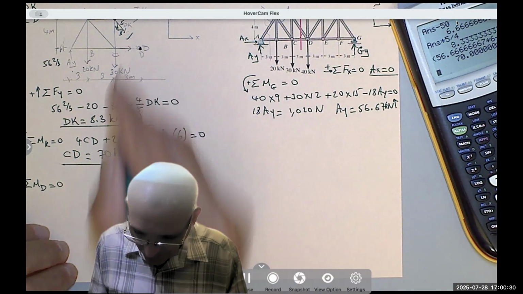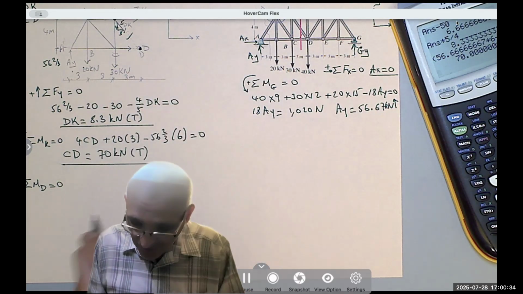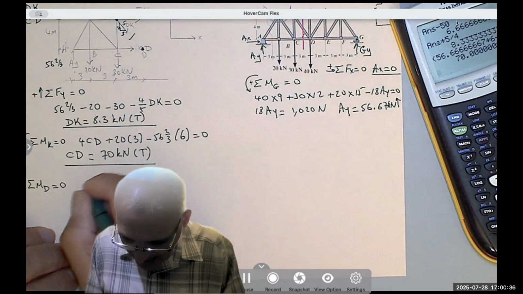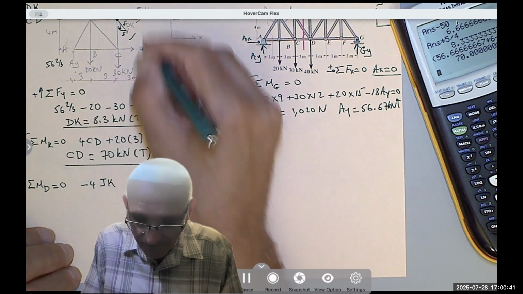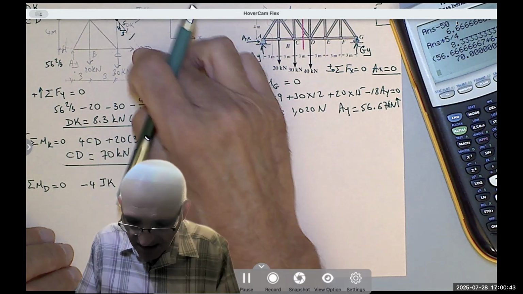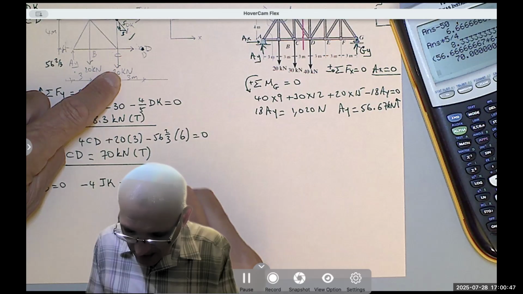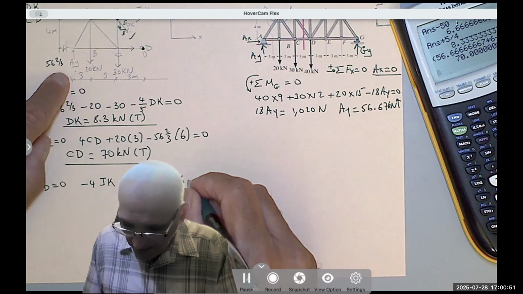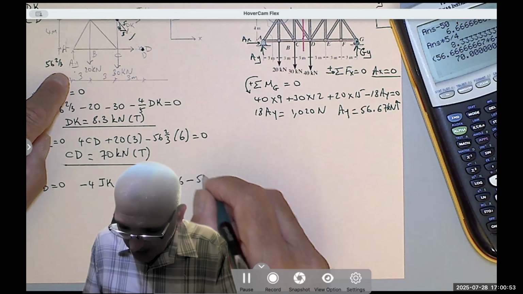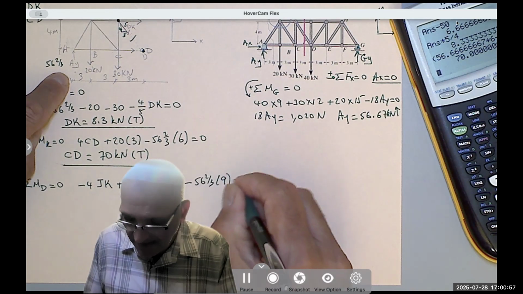I'm sorry, we are taking the moment about D. JK times 4, so it's clockwise, so negative 4 JK. These two intersect here. Plus 30 times 3. Plus 20 times 6. Minus AY times 9. And that equals 0.